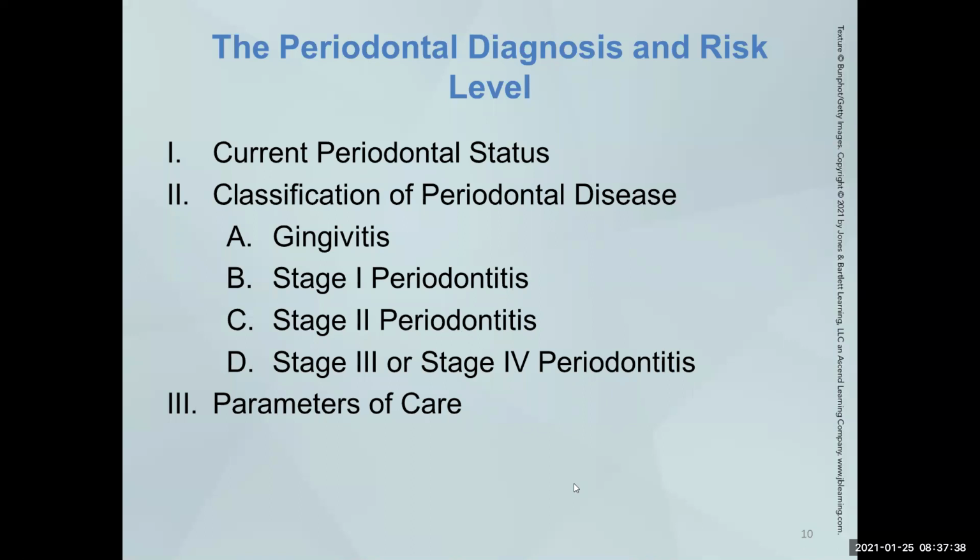But anybody who's been out in private practice for any length of time is going to be doing the staging of 1, 2, 3, or 4. 1 is slight, 2 is moderate, 3 and 4 is advanced. Okay, and then the parameters of care is also being taken into consideration. Who remembers what the parameter of care is?